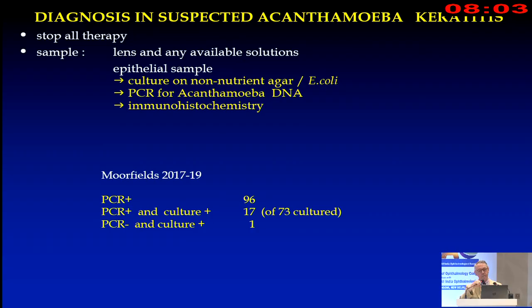Diagnosis, unlike what Professor Yortal said a few minutes ago, we value culture very much, and we do try to culture amoeba in all the suspected cases that we encounter. Having said that, in London, it's confocal microscopy and PCR that really establish the diagnosis in most of our patients.